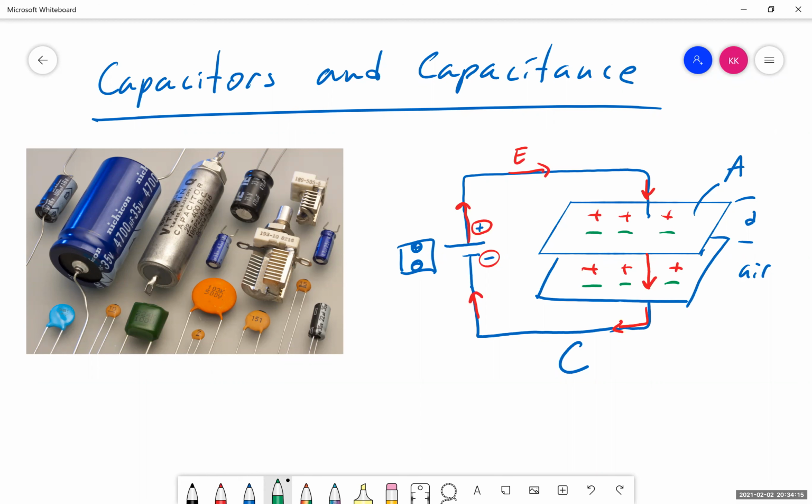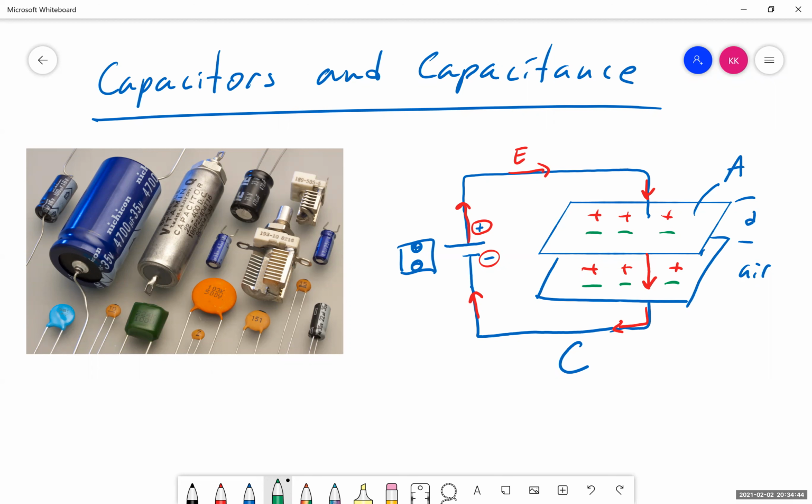Now, when there is an electric field, remember, an electric field affects all the charges. That means right now, it's going to affect all those charges in the plates. Hopefully you already know that when an electric field pushes or pulls, it usually affects the electrons, not the positive charges.